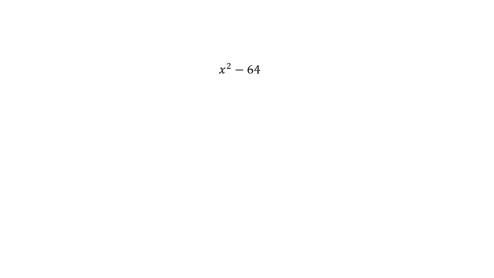So here we have x squared minus 64. We start by taking the square root of x squared. The square root of x squared is x. So we put that result at the beginning of both brackets.